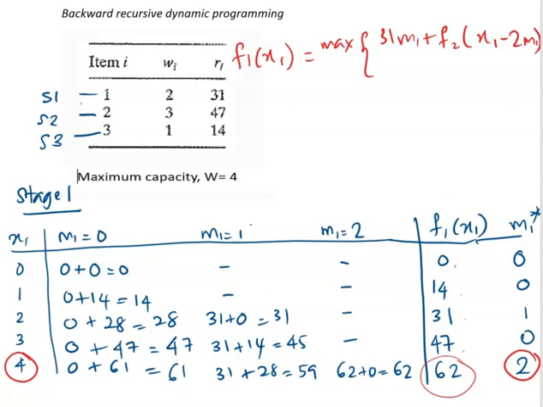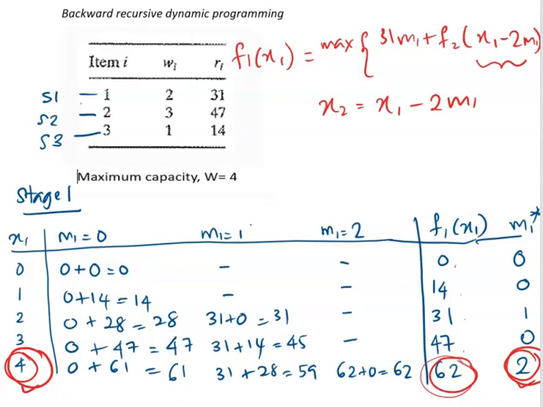Once you have 62, and then you have m1 equals 2 and x1 equals 4, substitute these values, x1 equals 4 and m1 equals 2, into this equation. Because this is actually x2 equals x1 minus 2m1. This is the one that links stage 1 and stage 2 together.